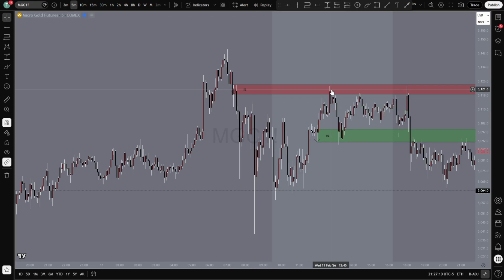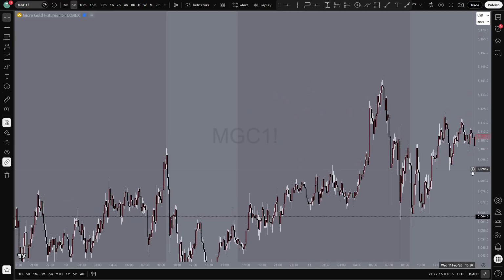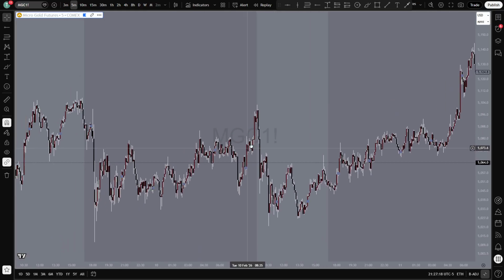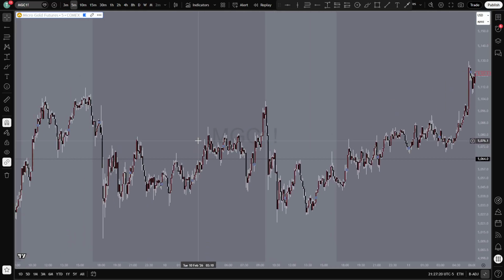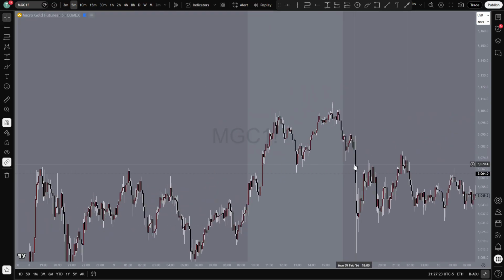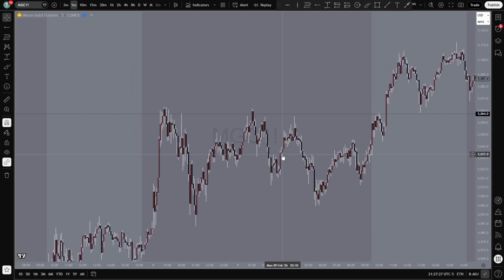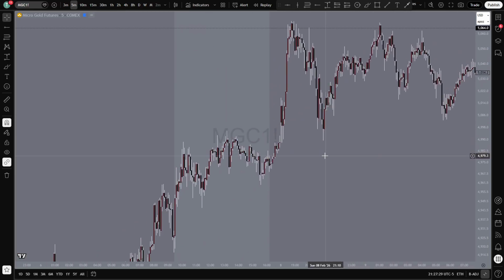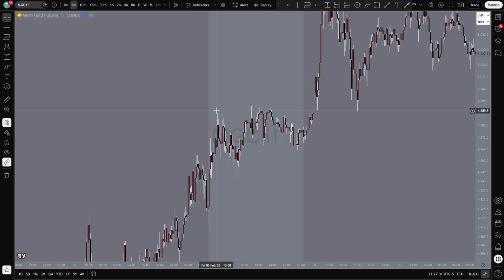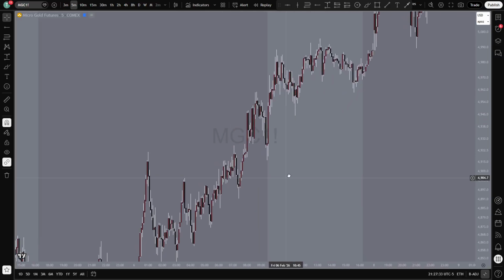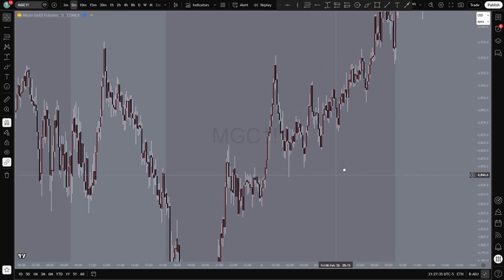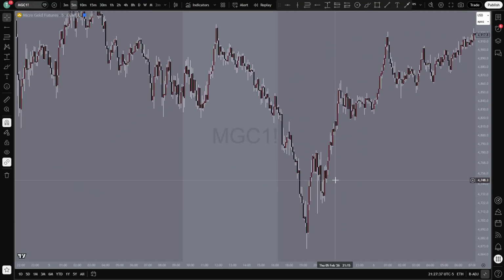So this is the key element you must look for when looking for strong zones. You want your zone to either break an opposing zone, or your zone has to break a high or a low.